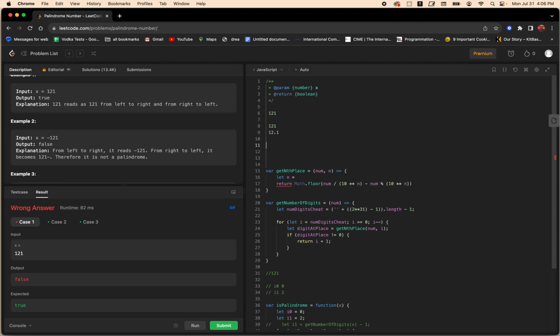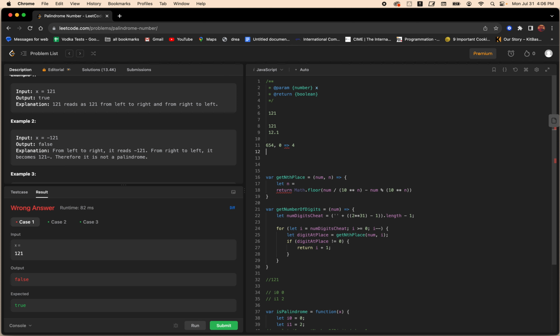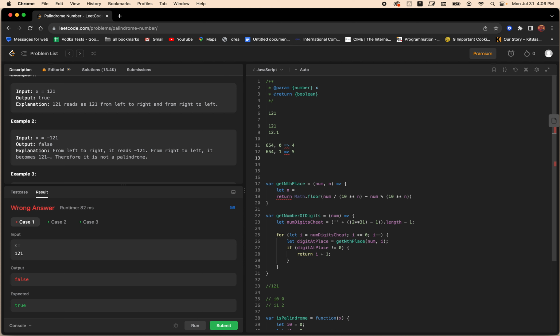I want to extract the nth decimal place. So if I pass in 654 and 0, I want to get 4. If I pass in 654 and 1, I want to get 5. And if I pass in 654 and 2, I want to get 6.